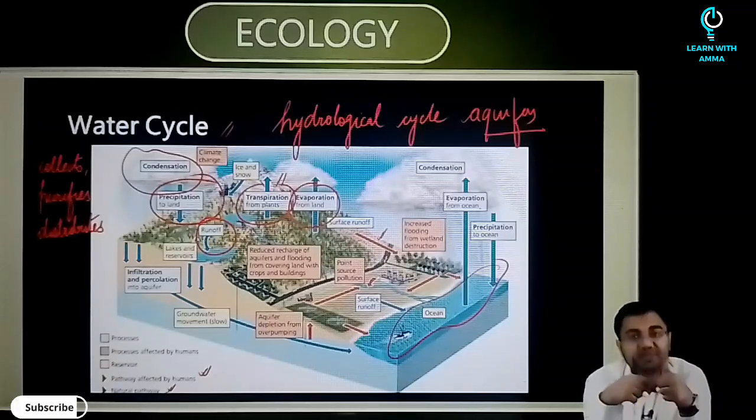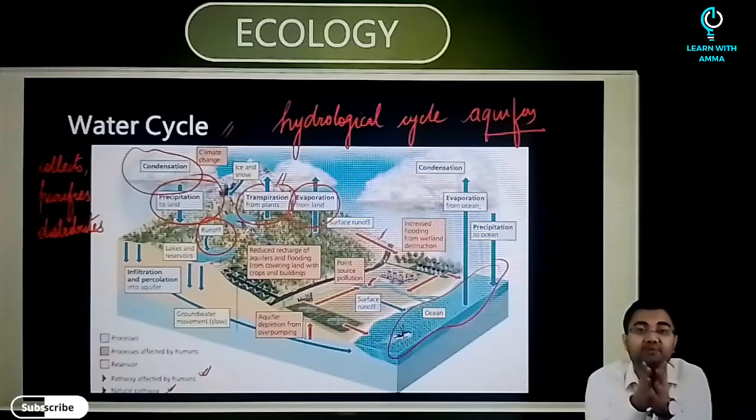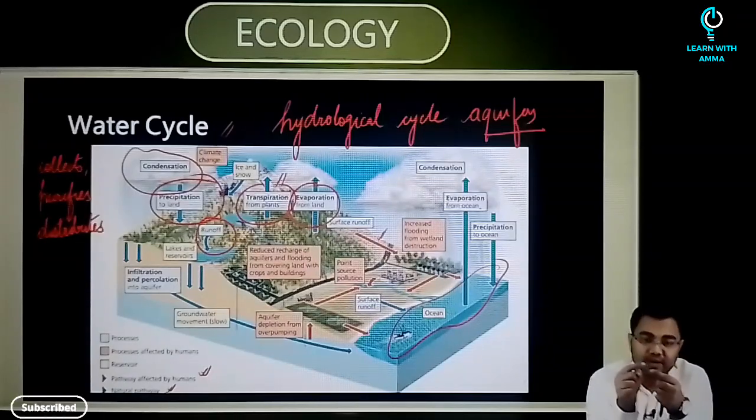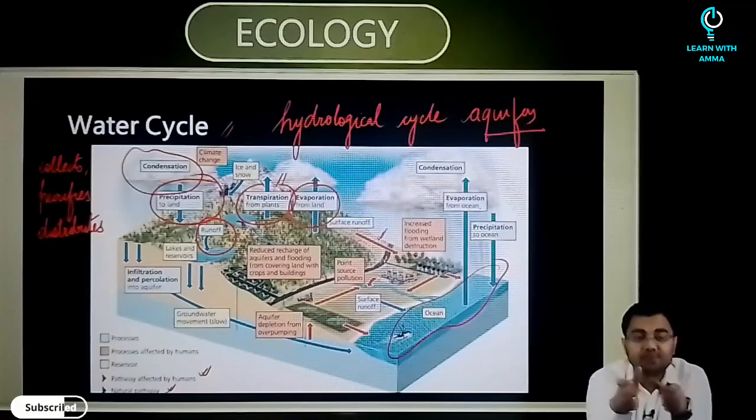Now throughout this water cycle, there are many natural processes that purify water. For example, evaporation and after that precipitation basically act as a natural process of distillation that removes all the impurities dissolved in water.